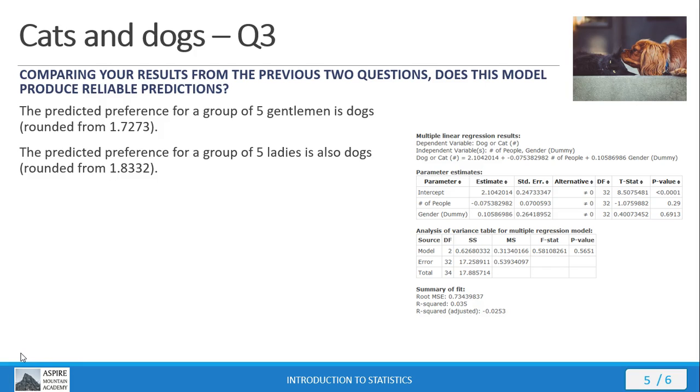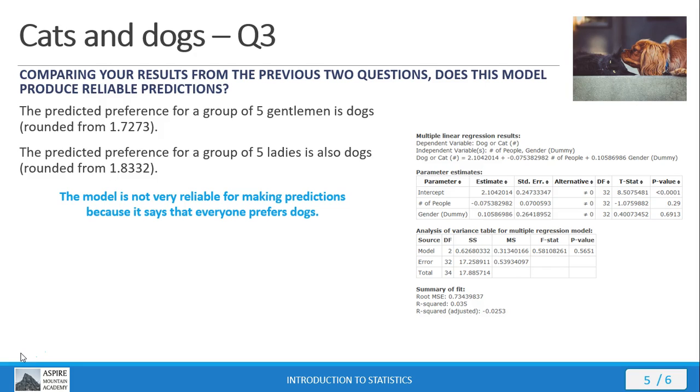So how reliable is this model in making predictions? Well, the answer is not very reliable, since it says everyone prefers dogs. Now, I'm not just saying this because I'm a cat lover. I'm saying this because it doesn't matter what we assign the variables to be. It's always going to predict that, whether you're looking at men or women, they're always going to prefer the same thing.